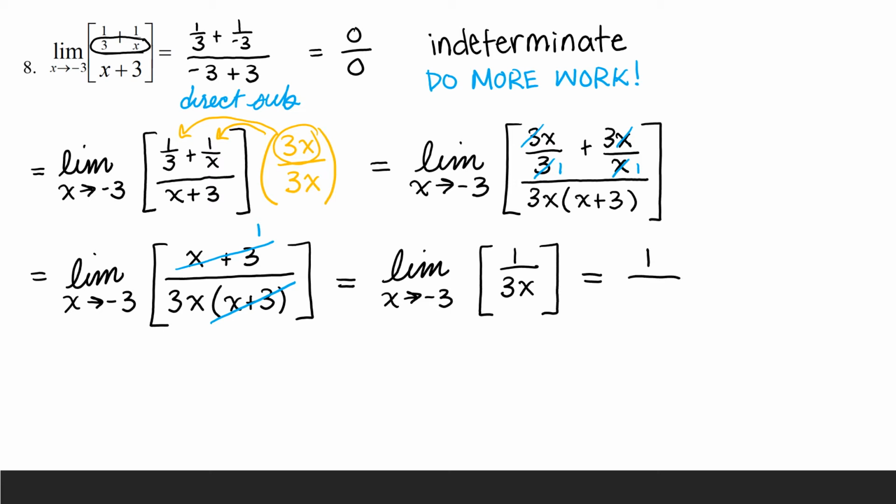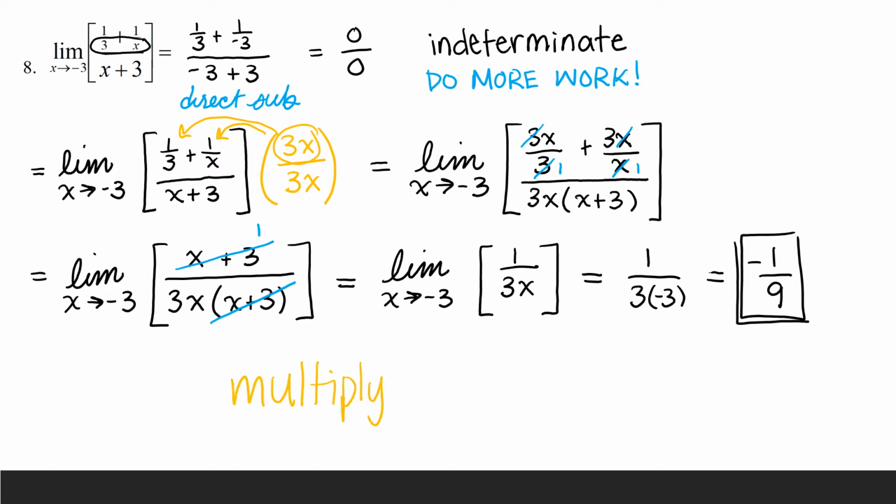So I have 1 over 3 times -3, which is equal to -1/9. And that's how you can multiply by the least common multiple in order to help you find the limit when you normally end up with an indeterminate form.